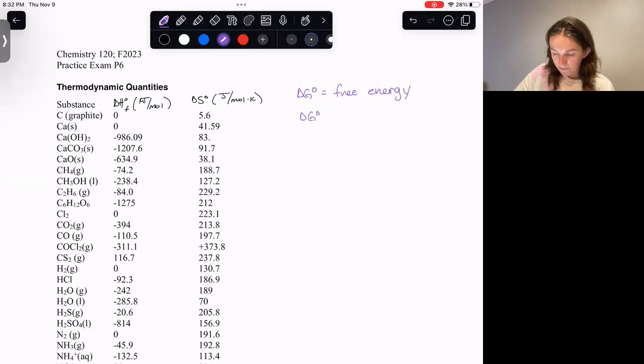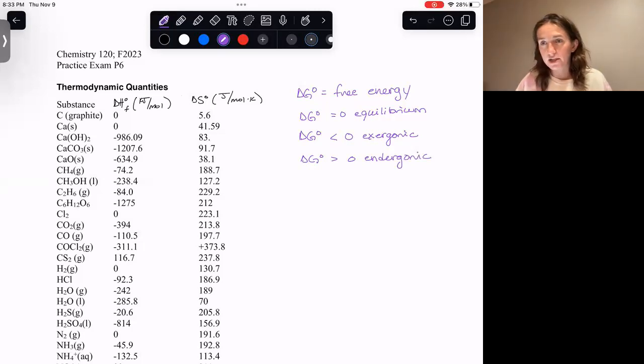When delta G is equal to 0, we're at equilibrium, so you're going in the forward and reverse direction. If delta G naught is less than 0, we have an exergonic reaction. And if delta G naught is greater than 0, then we have an endergonic reaction.